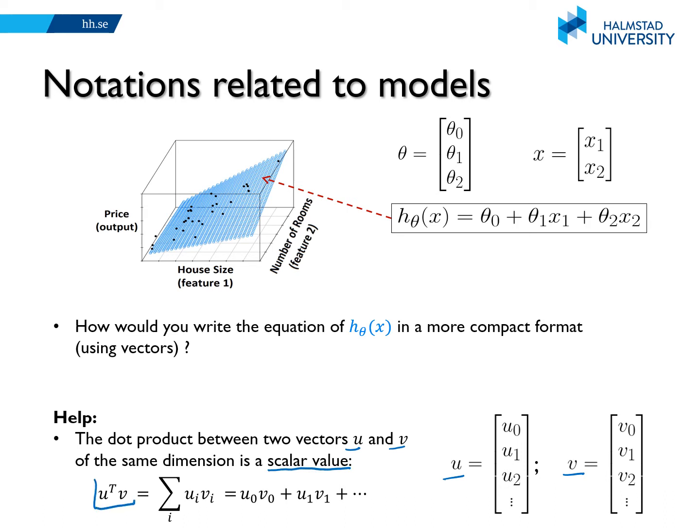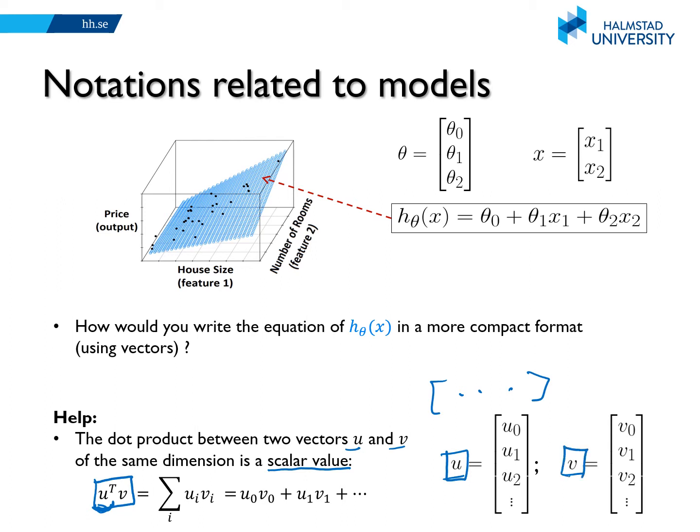This is not a vector, it's just a value. So the dot product is denoted this way, u transpose v. This is u transpose, it means we transpose this vector u to a row vector instead of column vector, and we multiply it by v.